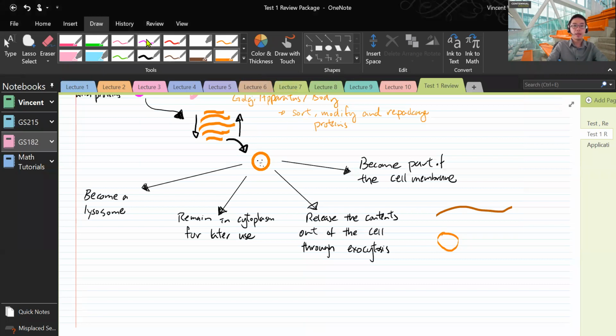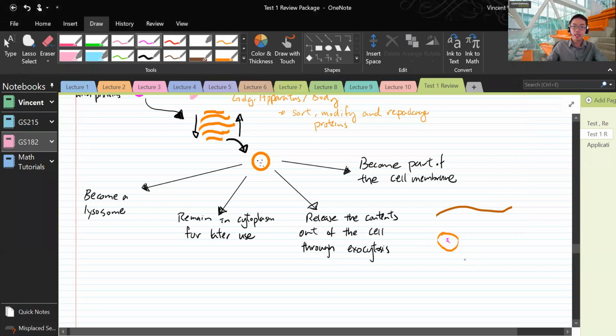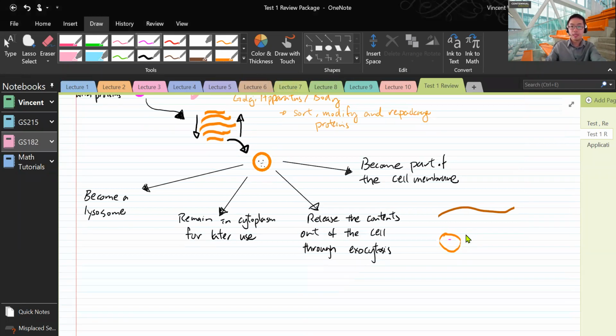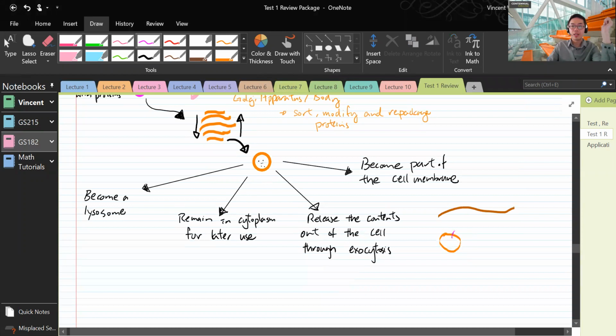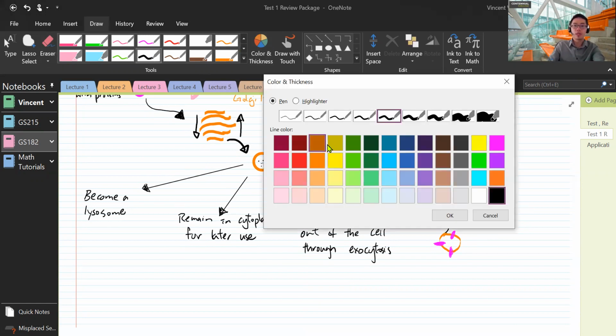vesicle. Okay, and maybe the vesicle, instead of having protein inside like that, maybe there is a membrane protein like that, like an integral protein or something, right? So what happens is this thing will go onto the surface membrane and it will fuse with it.